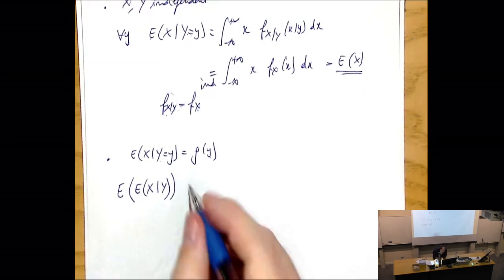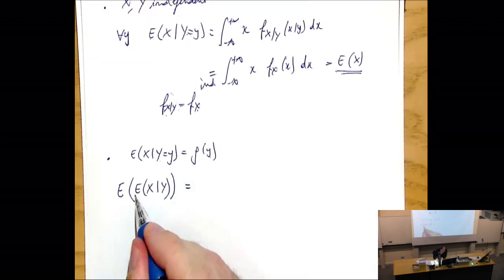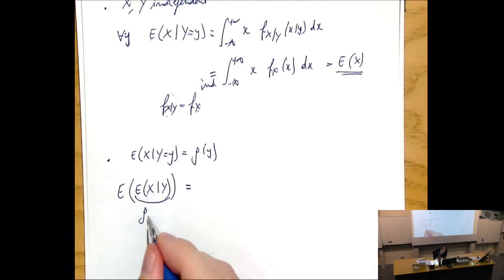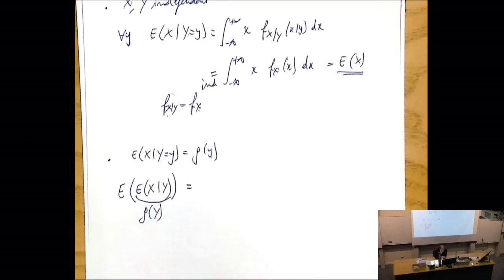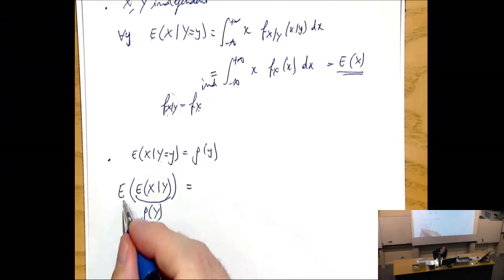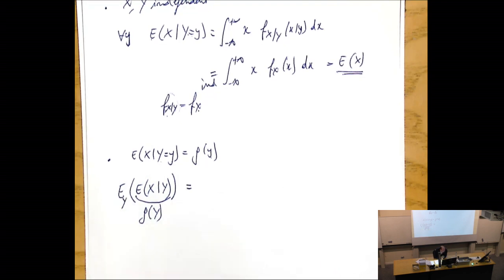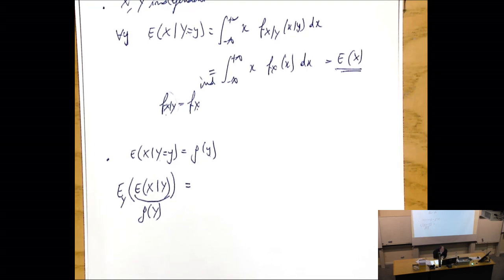That means that I have a function of my random variable y, and I'm taking an expectation of a function of y. So this is an expectation with respect to y. I'm writing y here specifically so that you know to which random variable we take the expectation.